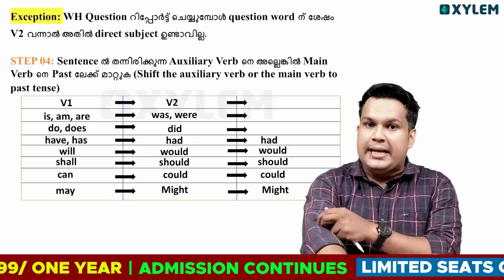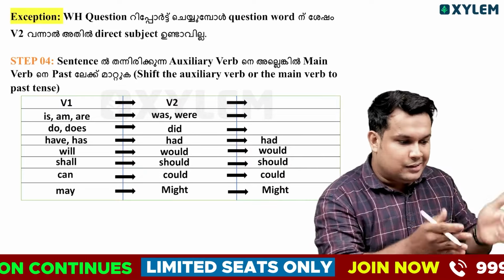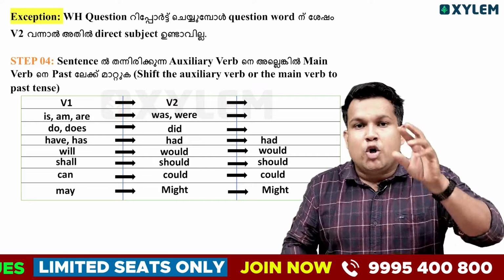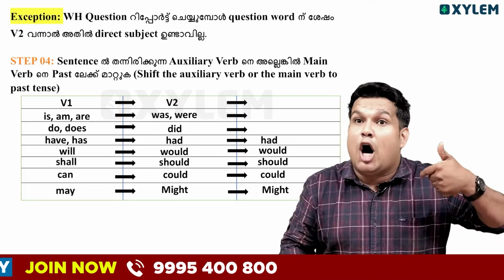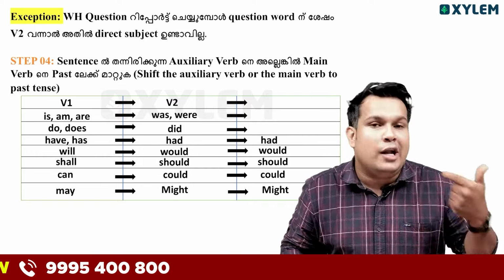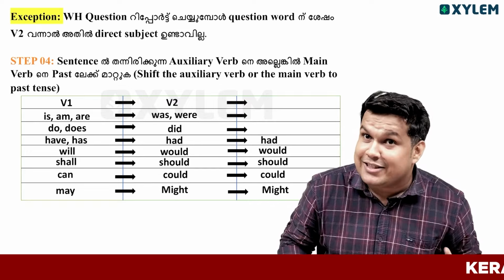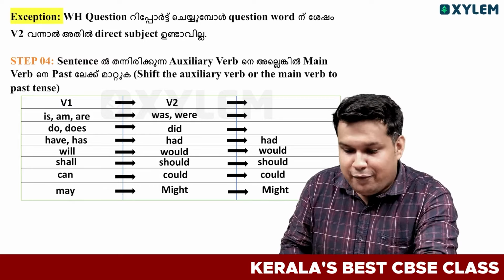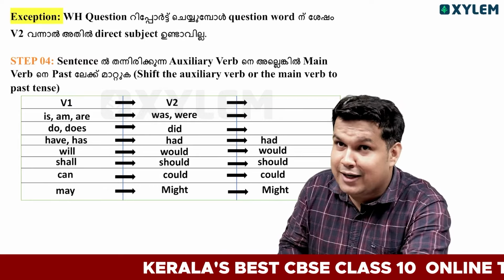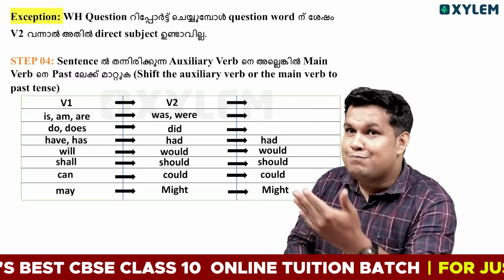If in a particular sentence there are both auxiliary verb and main verb, you only need to backshift the auxiliary verb. Did you understand? You do not have to touch the main verb. And if there is only a main verb, you definitely have to convert that into past tense.